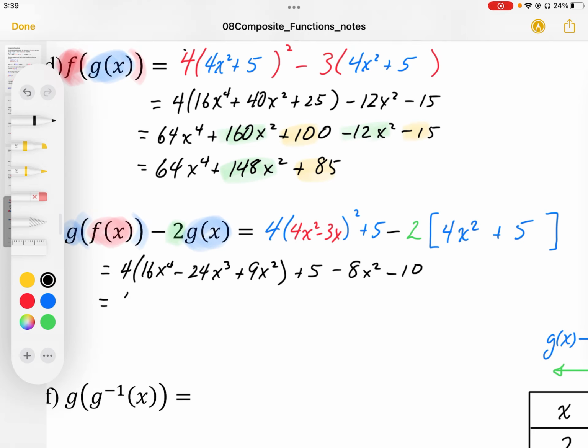Combining like terms, I get 64x to the power 4 minus 96x cubed. I'm going to combine my like terms in this step. So I get 36x squared minus 8, that's going to give me plus 28x squared. And then combining the like terms, plus 5 and minus 10 gives me the minus 5.